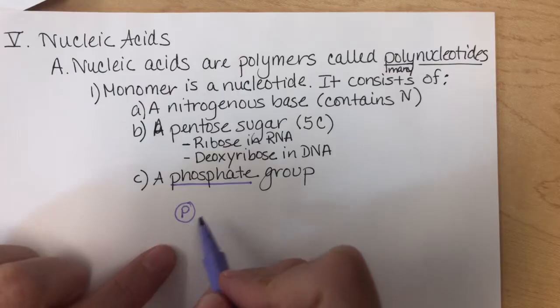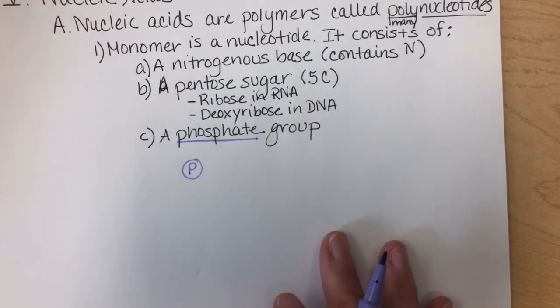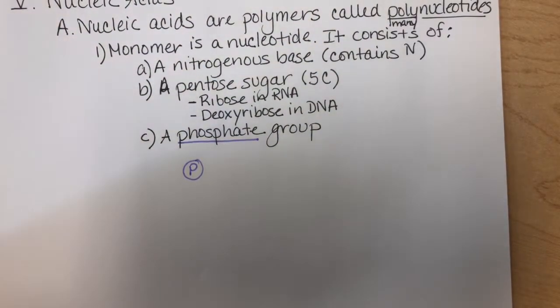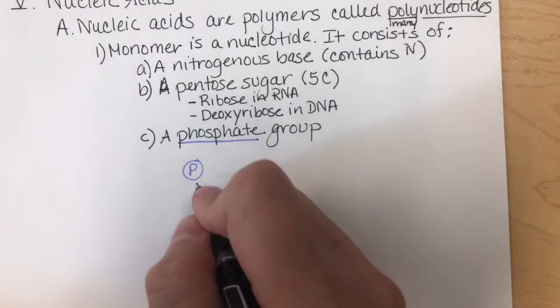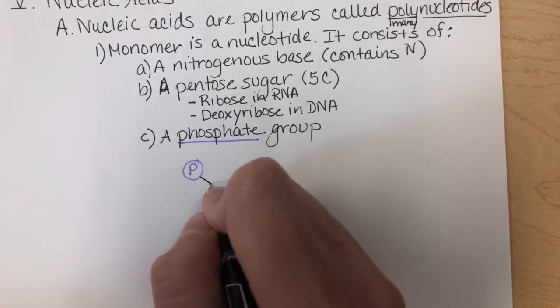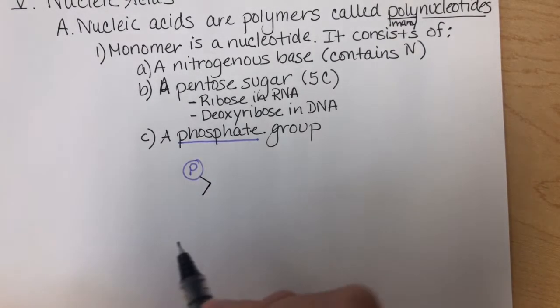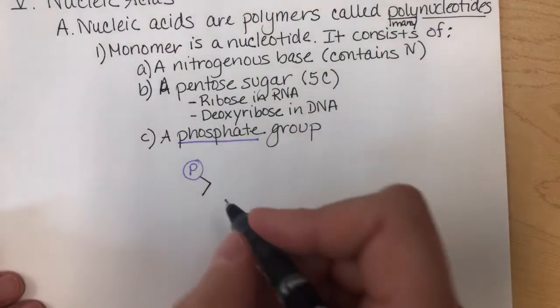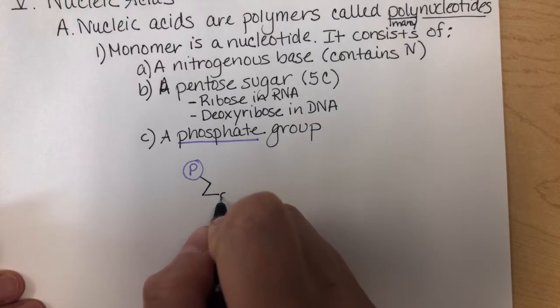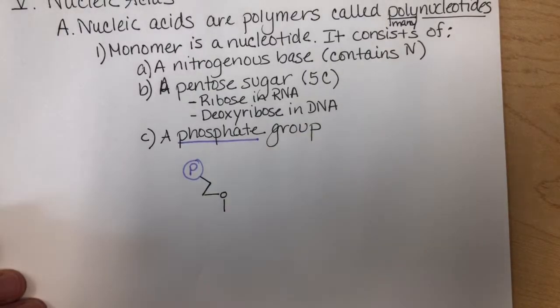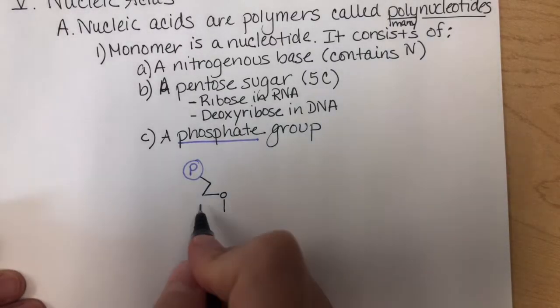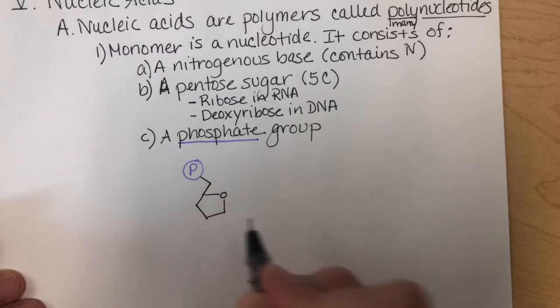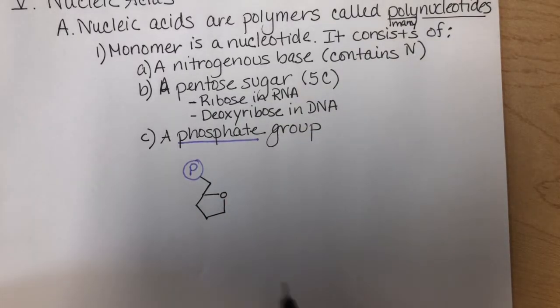So you have a phosphate group, attached then, bonded covalently, and it kind of goes like this. And then you have your pentose sugar. So pentose, it's gonna look like a house with the O at the tip, and then like this, like that. All right, so that's your sugar.